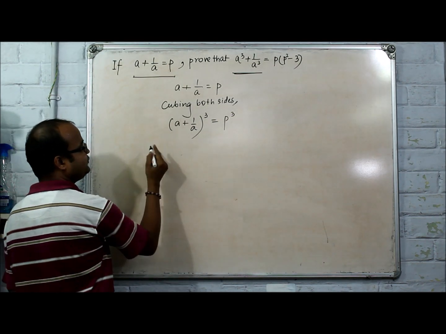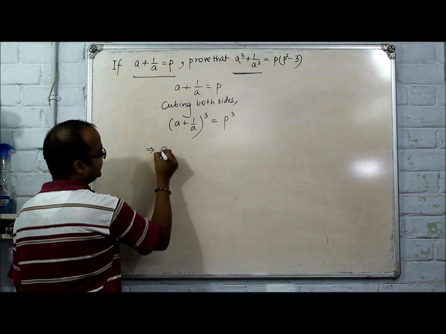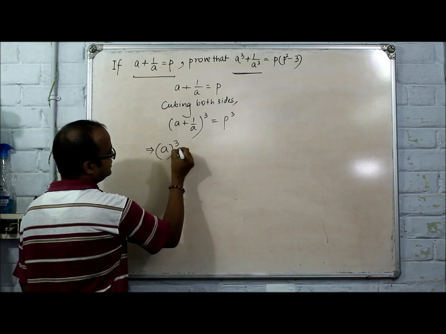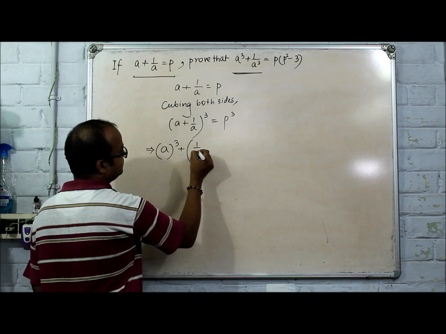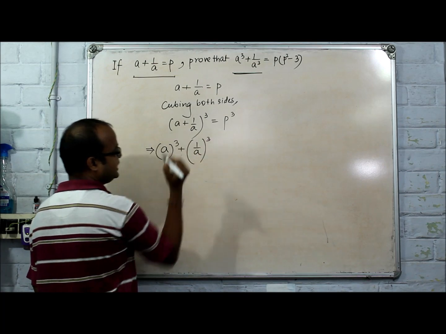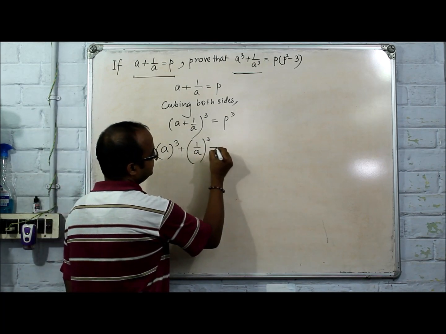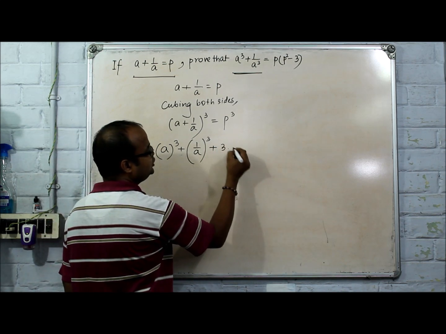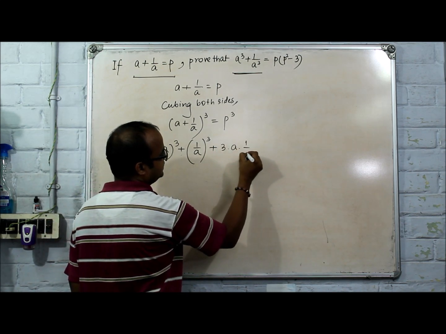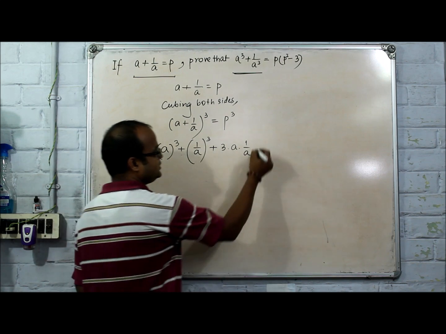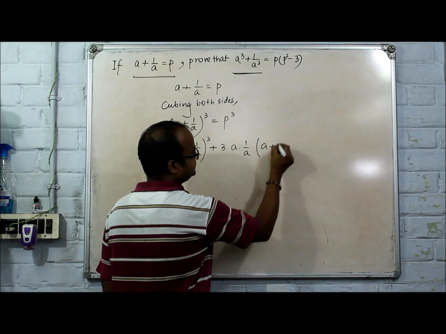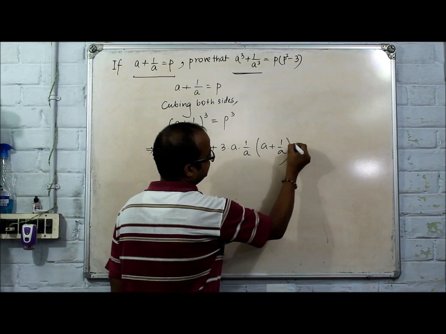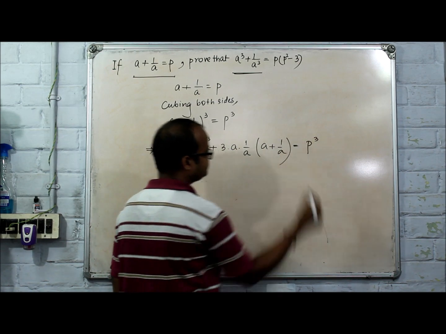Now apply the formula here. So you get a cube plus 1 by a cube plus 3 into a into b, a plus b, that is a plus 1 by a, is equal to p cube.